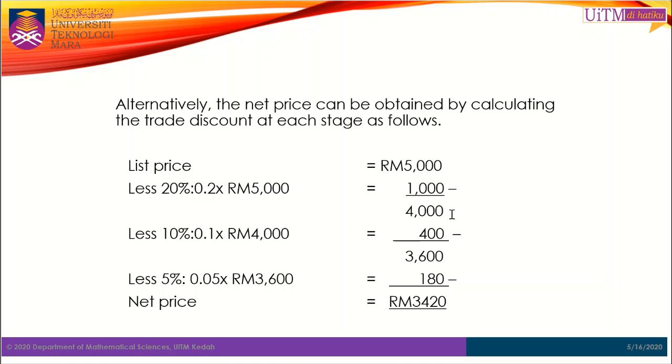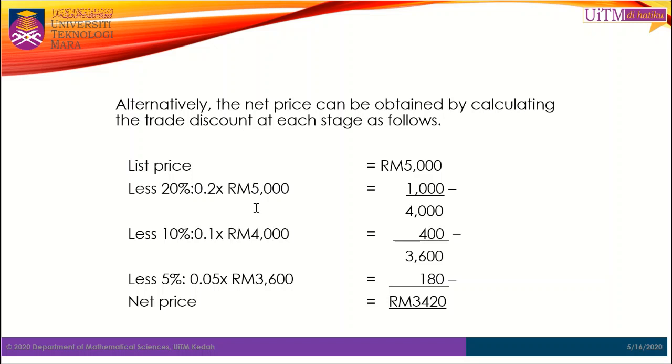Then the 4,000 will be granted another 10% trade discount, which amounts to 400, so the second net price is 3,600. Lastly, the 3,600 will have the 5% trade discount applied, which amounts to 180. Finally, you get the net price to be 3,420, as we found earlier. So those are the two ways you can find the net price if you are given the chain discount rate.